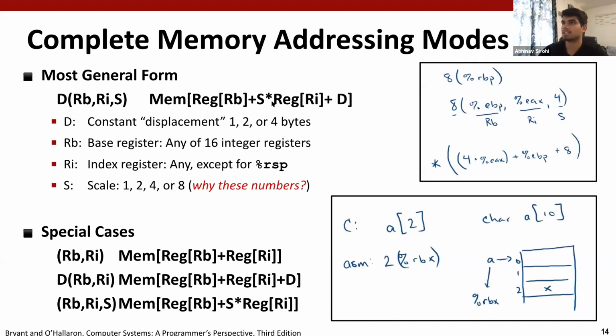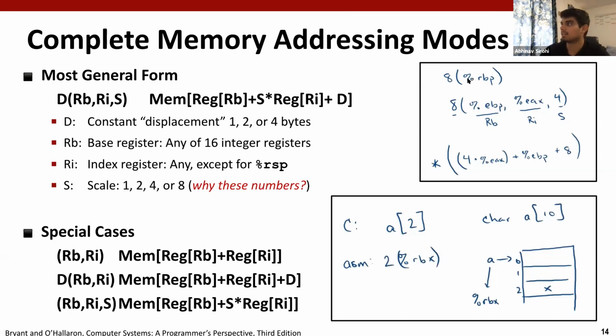So that's what this is telling you. So what we're doing here is taking the value at register RI, multiplying that by a scale of S, and then this becomes one value, and then to that we add our RB or whatever's in RB, and then we also add the displacement after that.